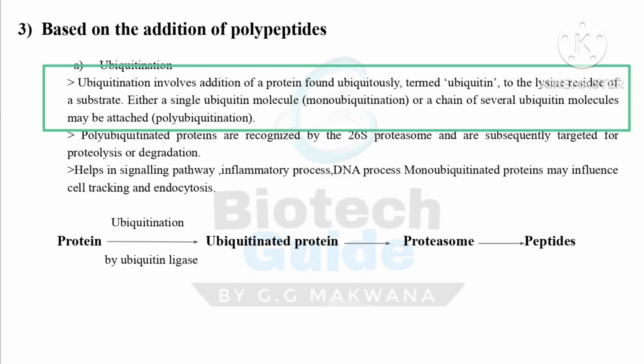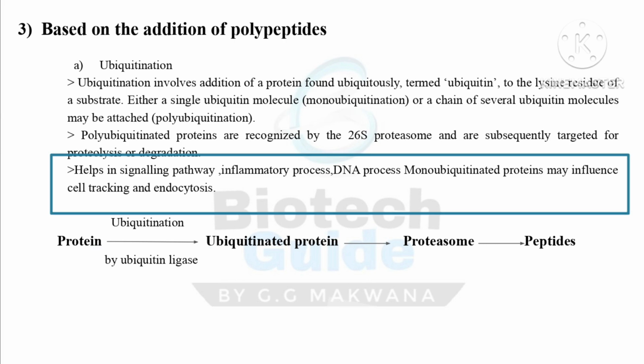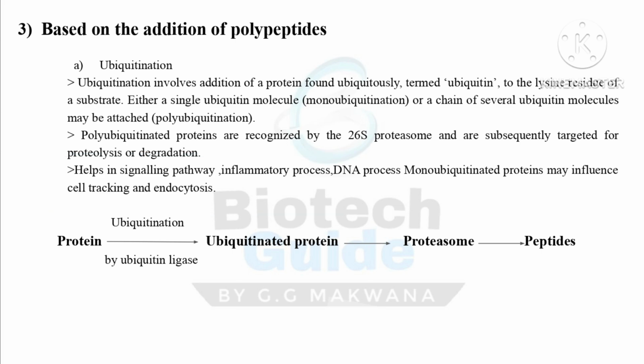Then enzyme: here ubiquitin ligase enzyme takes part, and application: ubiquitination helps in signaling pathways, inflammatory processes, DNA processes, where a monoubiquitinated protein may influence cell trafficking and endocytosis. So this is the ubiquitination process.